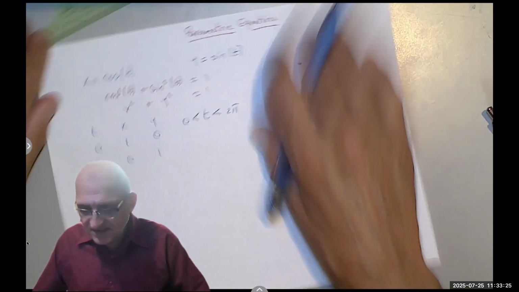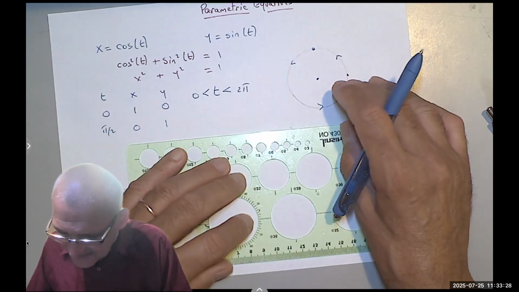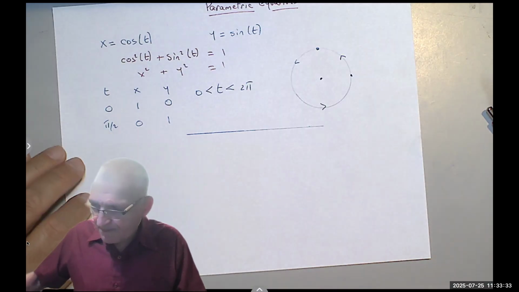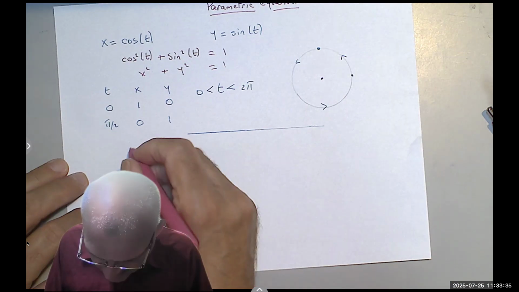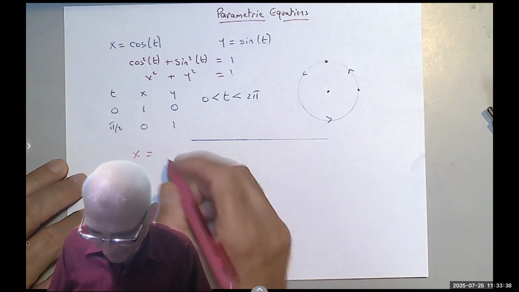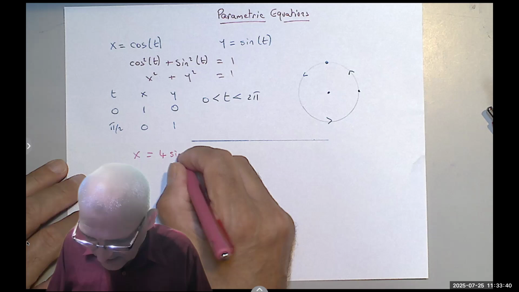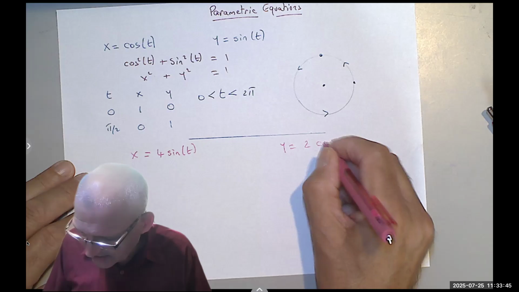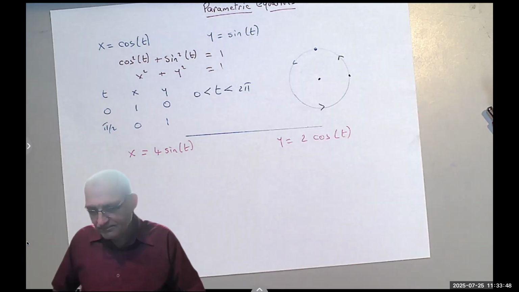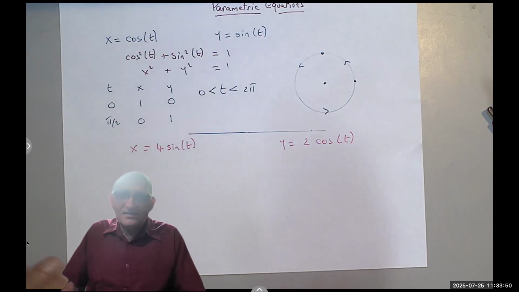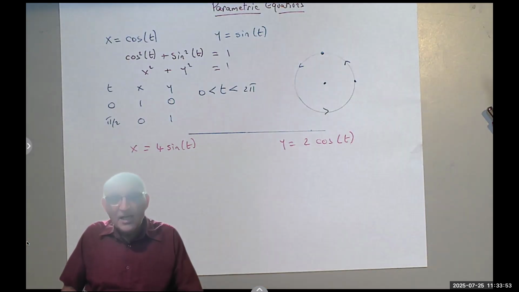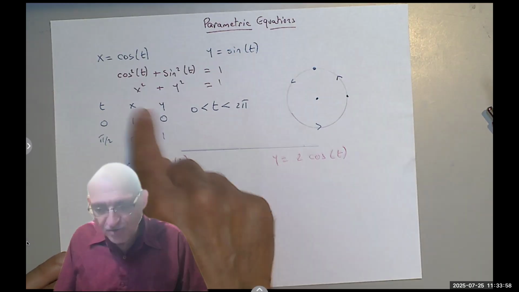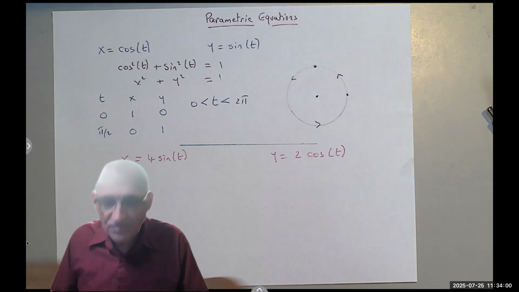Let's take another simple one. Let's say the equation is x equals 4 sine t and y equals 2 cosine t. Notice there is no relationship between 4 sine and, however, I know if it's just sine and just cosine, I'm going to use the same approach. So let's rewrite it.